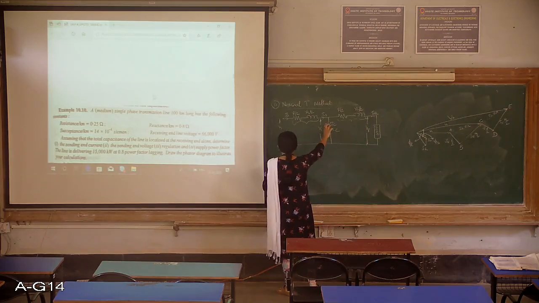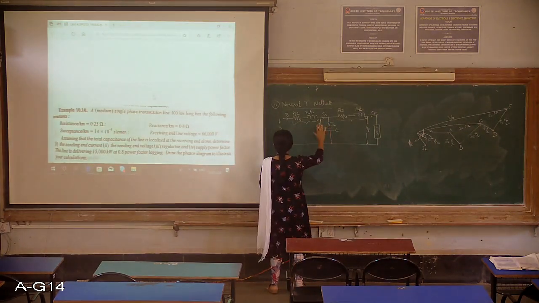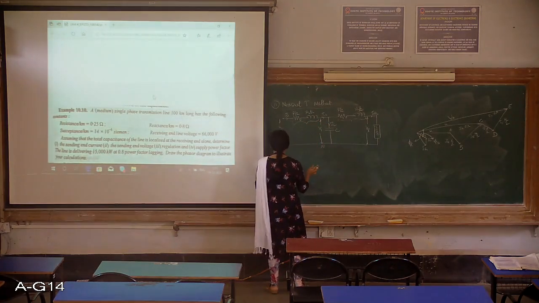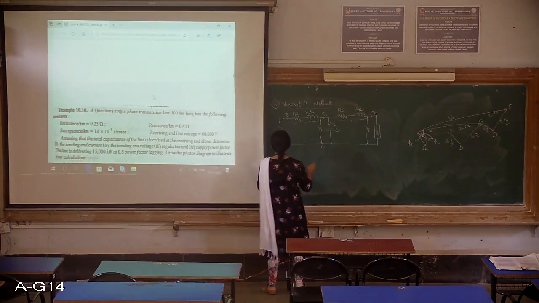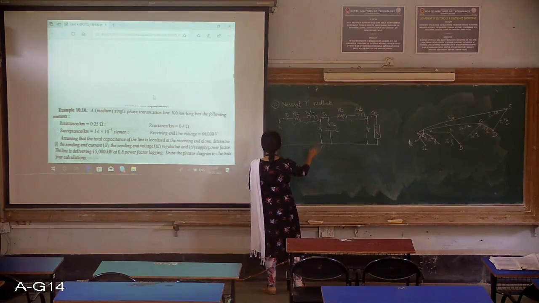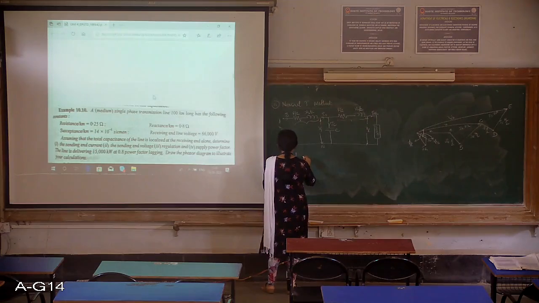The entire line capacitance is assumed to be concentrated at the middle point of the line, and half of the line resistance and reactance are lumped on either end of the line. So full charging current flows over half the line, and here we have considered one phase. So I am writing all the expressions.